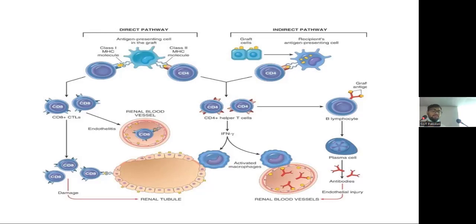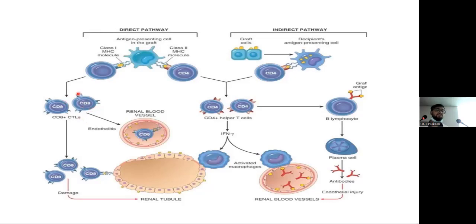Then the CD8 T cells become activated. This is the antigen molecule, and it recognizes the antigens within the graft cells and presents this antigenic peptide to the CD8 cells.